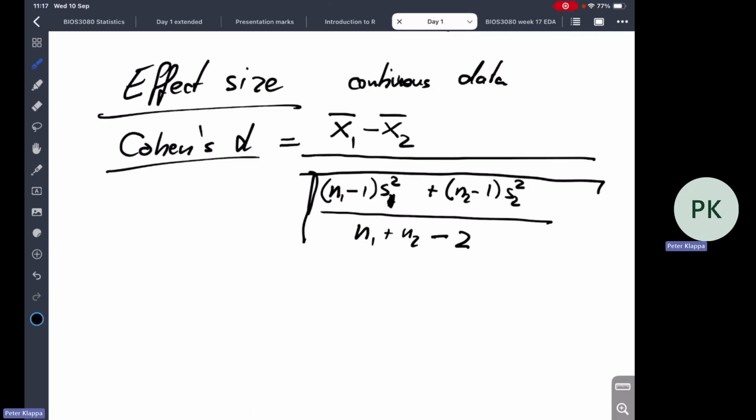Looks a little bit horrible, but actually once you've got n, s, and the mean, it's not terribly complicated.